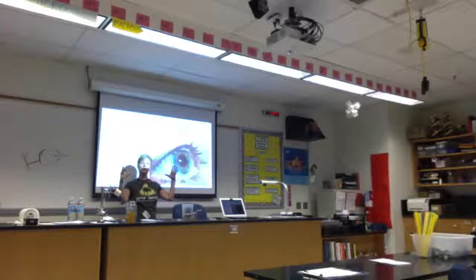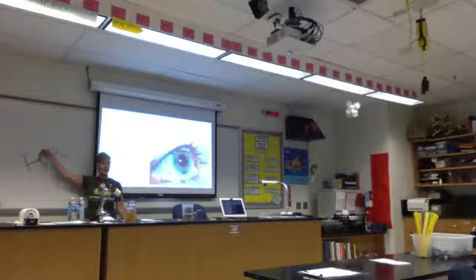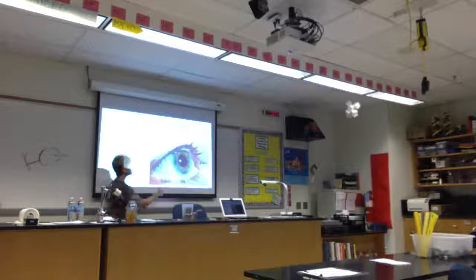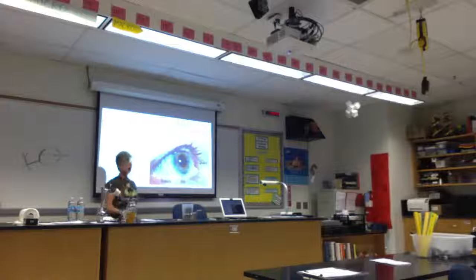It's going to be very large when there isn't much light coming in because it's trying to get as much of the light as possible so that you can see. And when it gets really, really bright, it shrinks down so that there's not as much light coming in to protect the nerve pad that's in the back of the eye, because it will burn if it gets too much light.